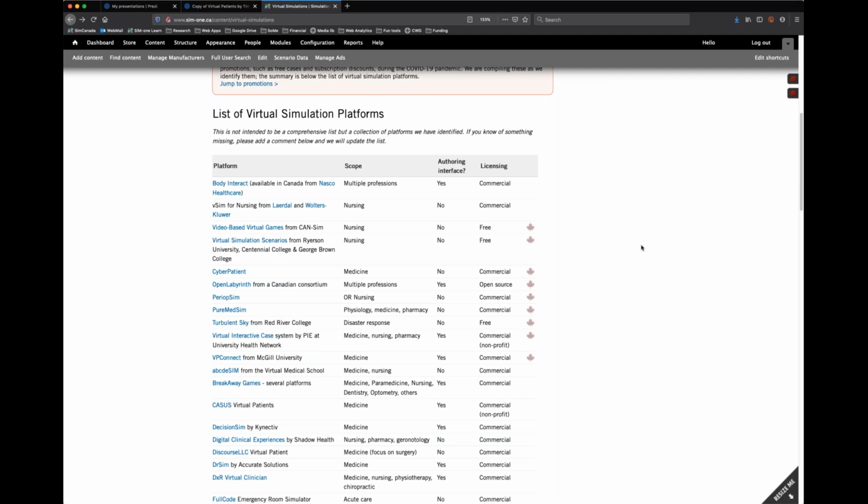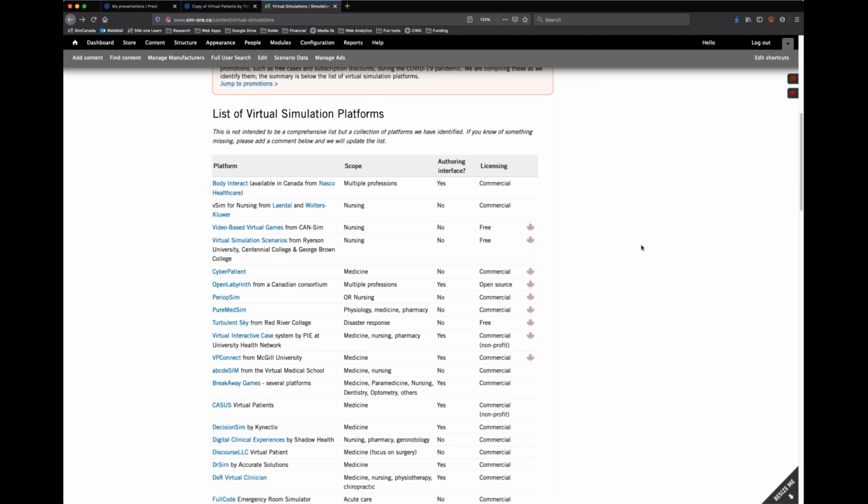And many of those platforms have several cases, and many of them allow the authors, or the educators, to build their own cases or adapt cases as well. There's many commercial options, but also some really good free and open source options as well that are worth looking into.